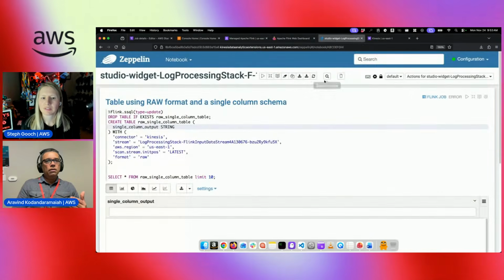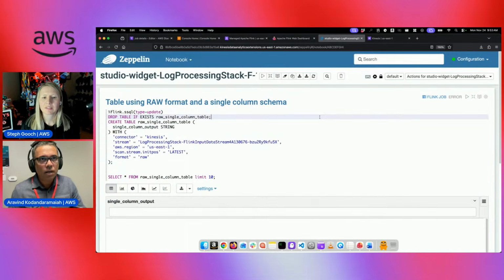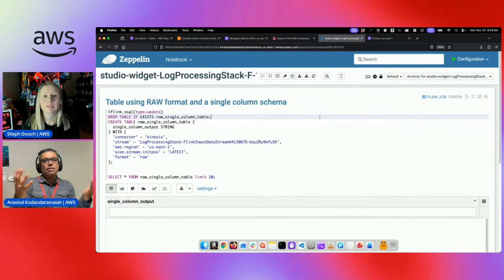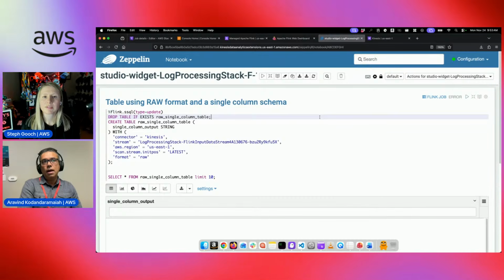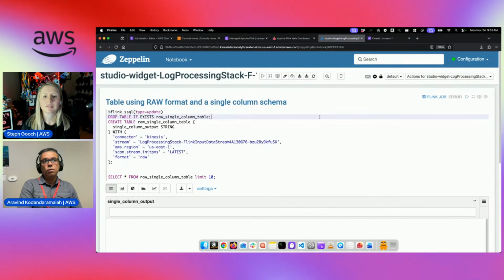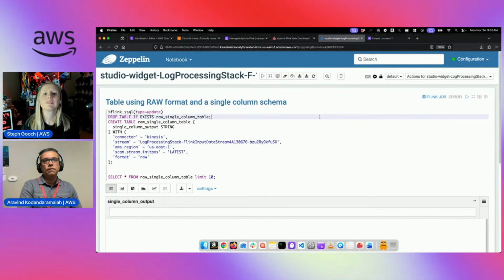Another thing I wanted to showcase here, to your question earlier on, Steph, is how we really get started with all of this. Flink, for folks who have not done it, can involve a lot of experimentation, and there is a learning curve to it. But a simple way of getting started is by using a tool called Zeppelin, which gives us on-demand data analysis capabilities.